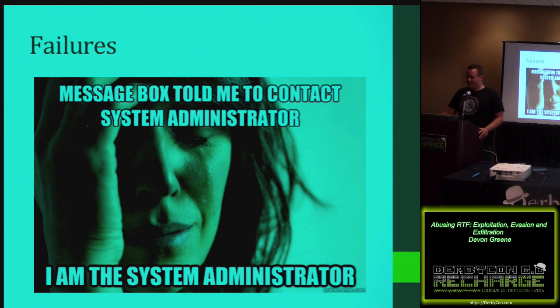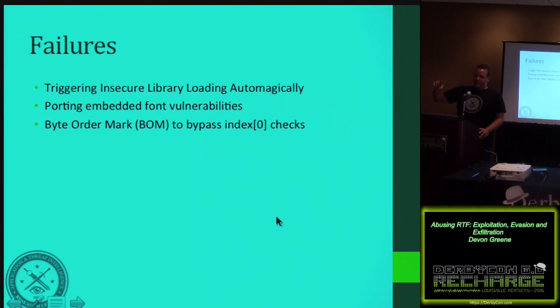So I mentioned failures, and I'll talk about those really quick, because as another researcher taught me, it's always important to acknowledge your failures, and we will close. I talked about triggering insecure library loading automagically, and here's an interesting caveat. You can make something persist on your target host in their temp directory if you first embed your object, then place some type of POC to go ahead and crash Word.